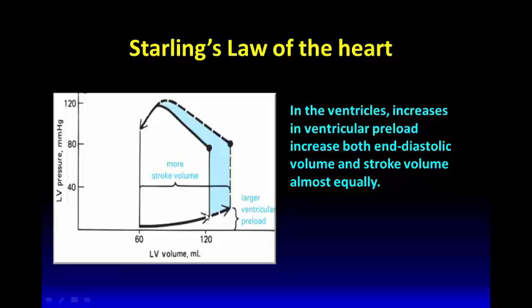Then the left ventricle begins systole, and this is the isometric contraction phase without a change in the volume. The volume remains the same, but the pressure increases. And when the left ventricle generates enough pressure to overcome the aortic pressure, it opens the aortic valve and ejection of the blood begins. So the left ventricle begins to eject the stroke volume.